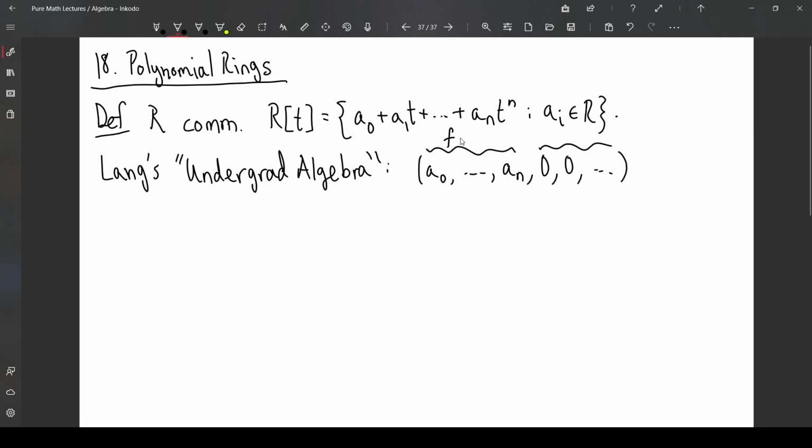Then you define your operations on here, and you say t is equal to this element 0, 1, and then 0 indefinitely after that. That gives you a way to rigorously define R of t.